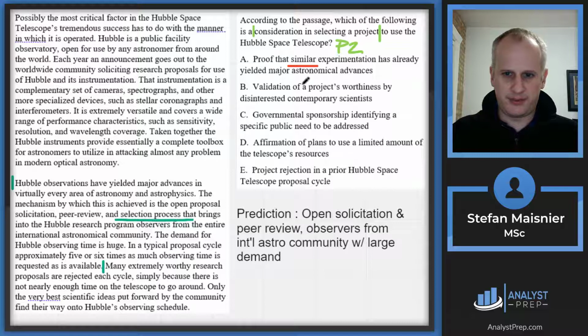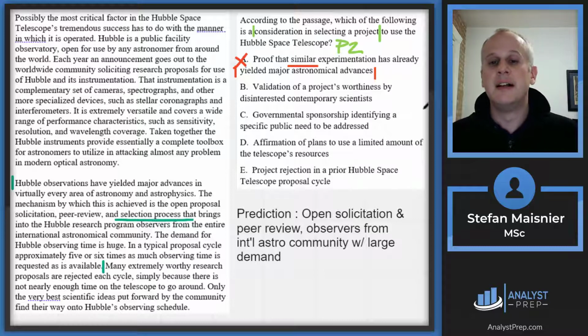And while this phrase of yielded major astronomical advances may seem similar and familiar, it's a trap, because it's hoping that you just remember that phrasing and select it, even though we don't need proof that similar experimentation has yielded these advances to be selected as a project for the Hubble Space Telescope. So choice A is eliminated.